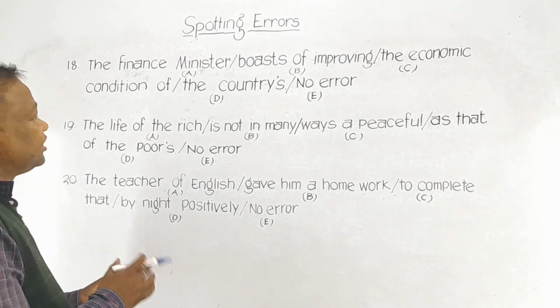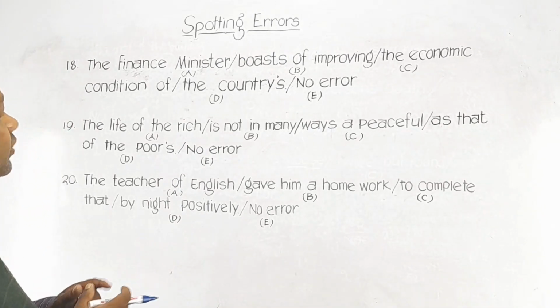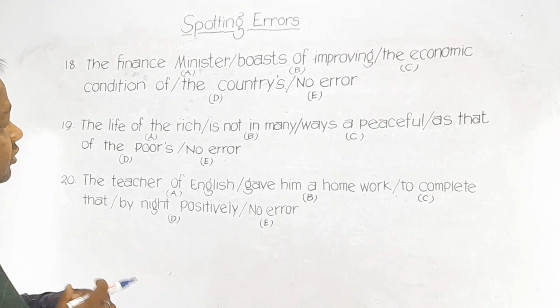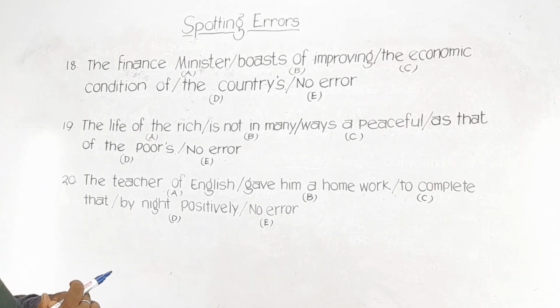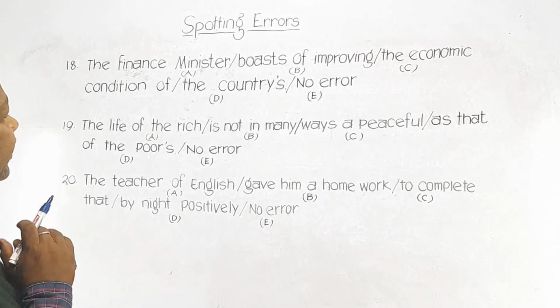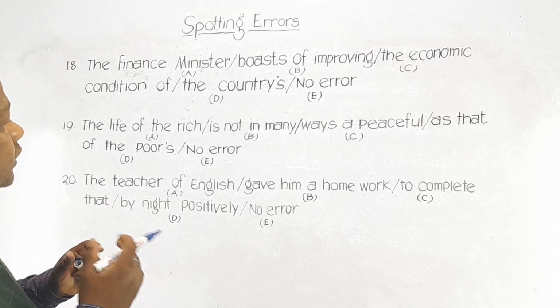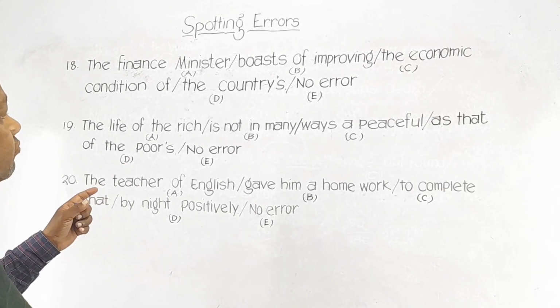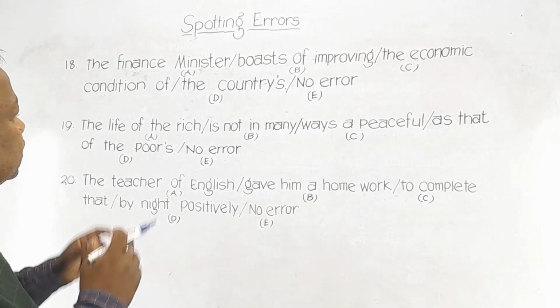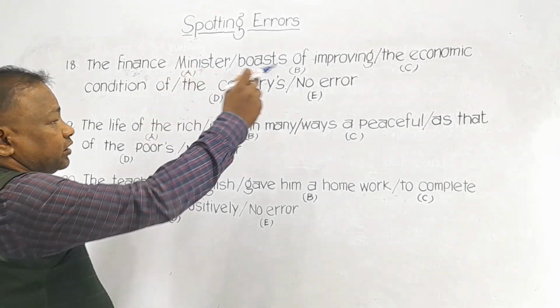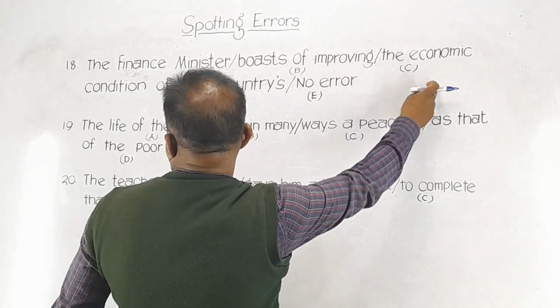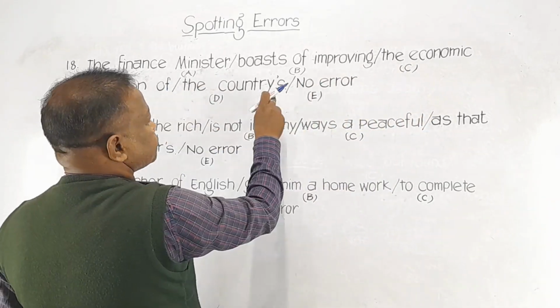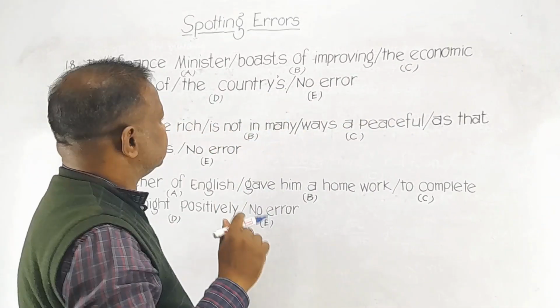Question number 18. The famous minister boasts of improving economic condition of the countries. Okay, in part A, we don't find any error. In part B, no. Part C, the economic condition of, the countries. Here you mark the plus noun plus of. You should not add apostrophe s here.